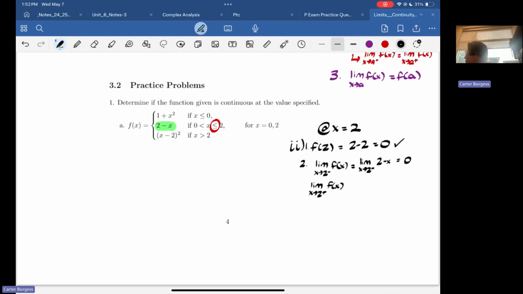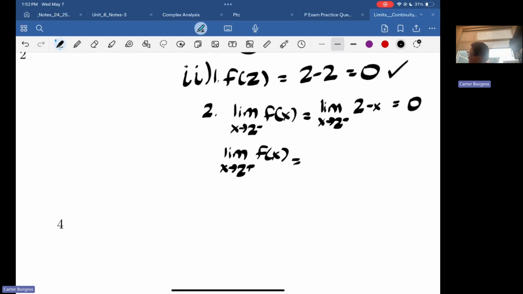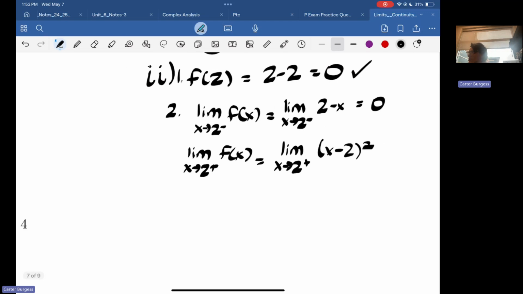Which equation are we going to use for our right-hand limit if I'm looking at values that are slightly bigger than 2? Bottom equation. So this is the limit, I should say, as x approaches 2 from the right of x minus 2 squared. Do we run into any domain issues?